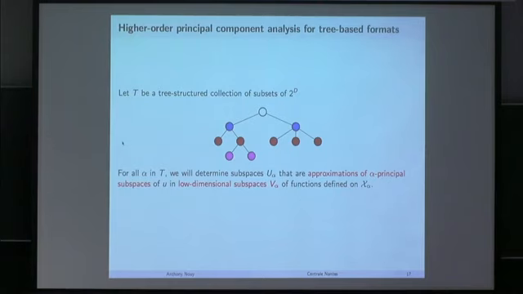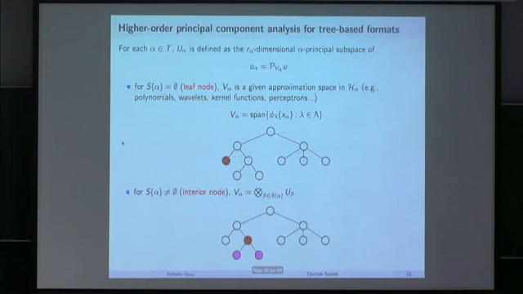But I have to tell you now what are these spaces in which we will try to approximate the principal components. So for each node of the tree, the idea will be to compute the alpha principal subspace, not of U, but of a projection of U on a low-dimensional space V alpha. If alpha is a leaf of your tree, you will start from the leaves of your tree. Consider the first leaf, leaf 1, which is associated with functions of the first variable.